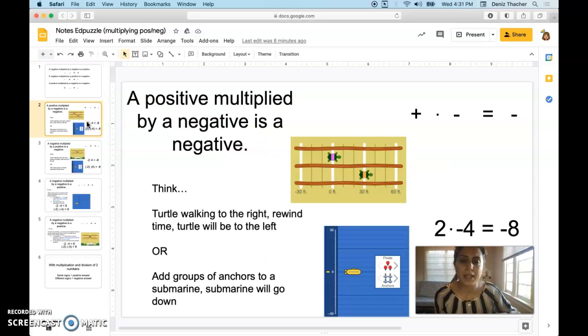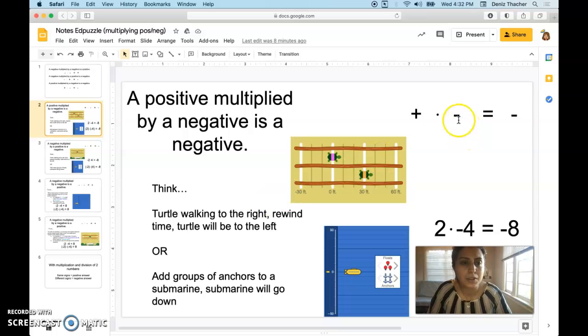So let's start by taking a look at a positive multiplied by a negative is a negative. Let's take a look at this in the context of the turtles and the submarines. So first, if we want to think about the turtles, since that's what we've been working with lately, you can think about this idea of the turtle walking to the right. So the first number, if it's positive, that turtle is walking in the right direction, a positive direction.